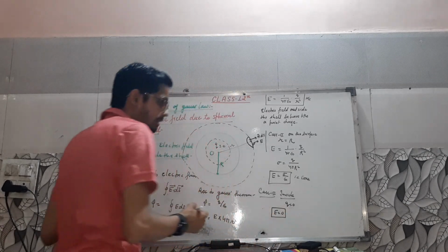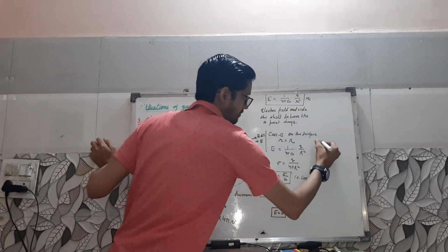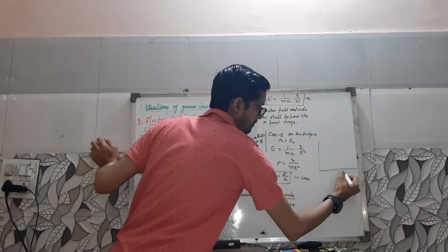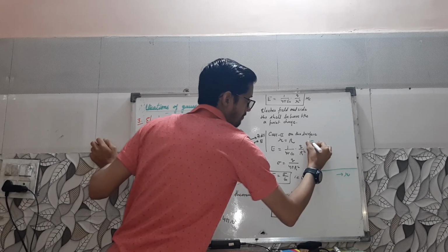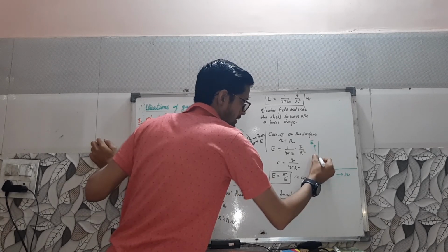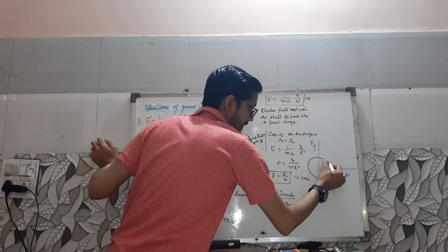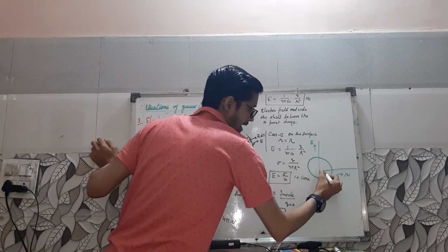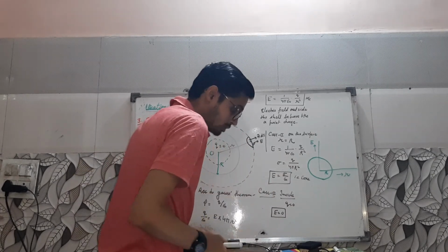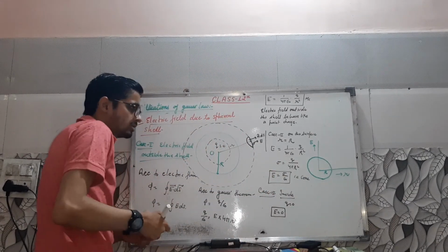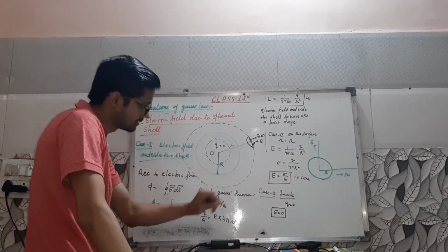Now we plot a graph for all the things. Suppose this is a spherical body having radius r. Inside it, electric field is zero, so there is no variation, and on the surface it is constant.